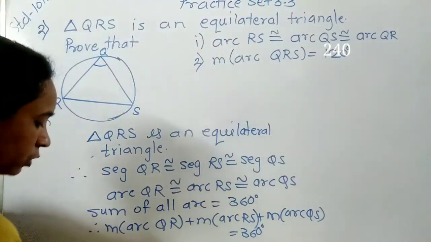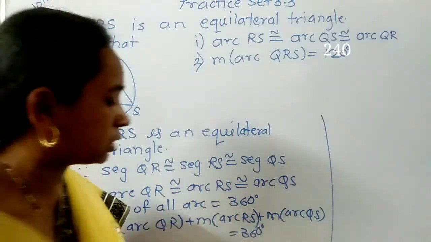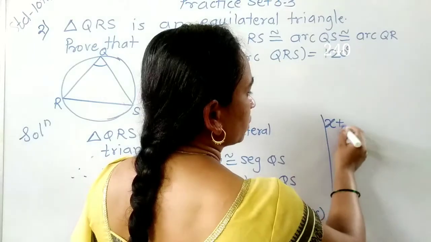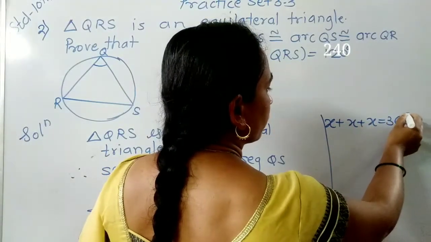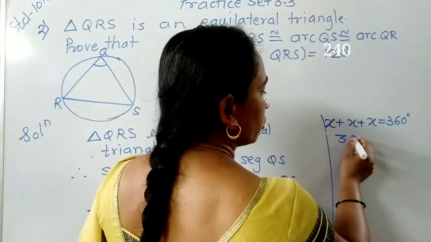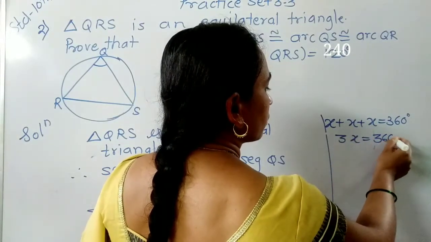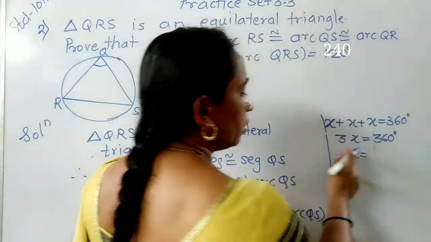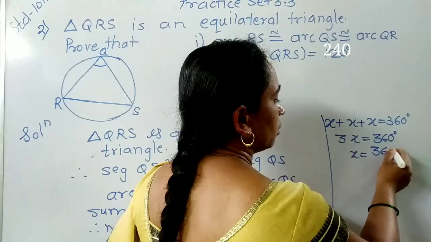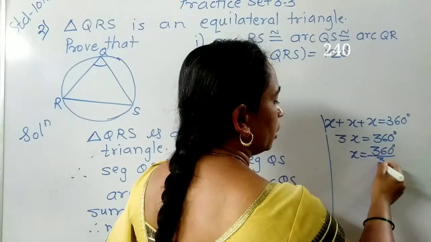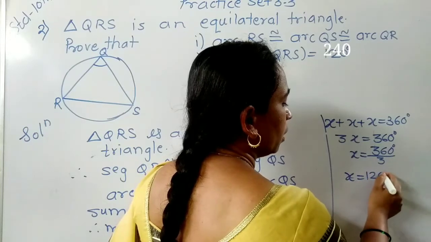All are congruent, so I'll consider x. So x plus x plus x is equal to 360 degree. So addition of this, it is 3x is equal to 360. So x will be, transferring 3 to that side, 360 upon 3. So here you will get the answer: x is equal to 120 degree.